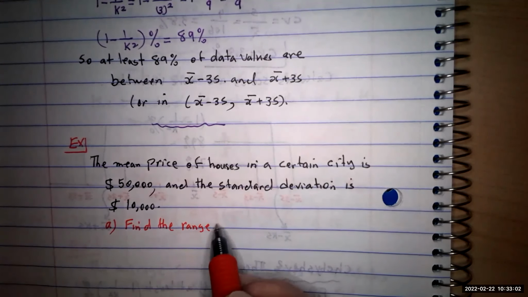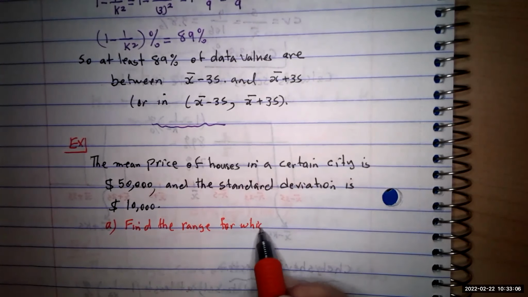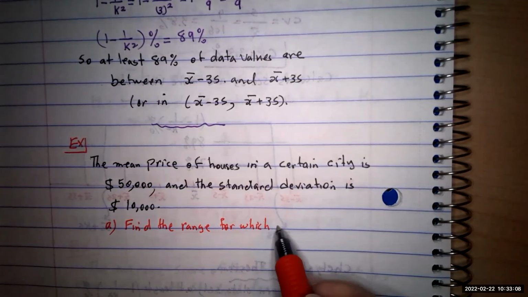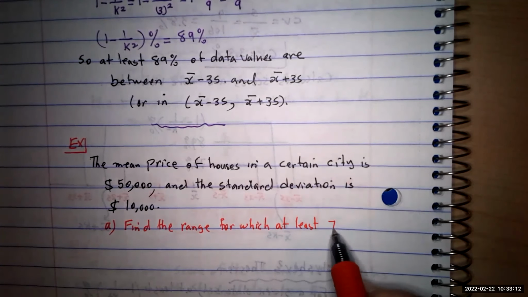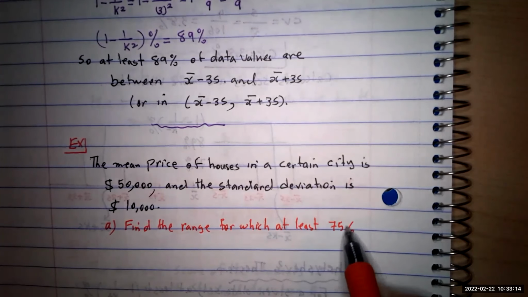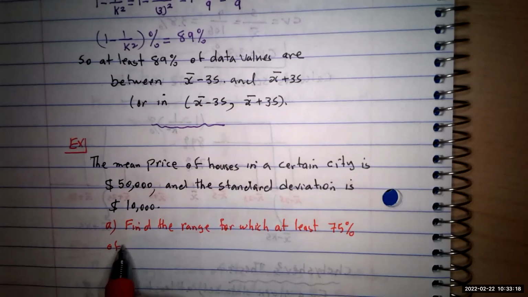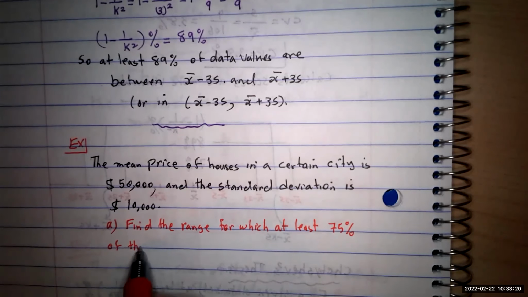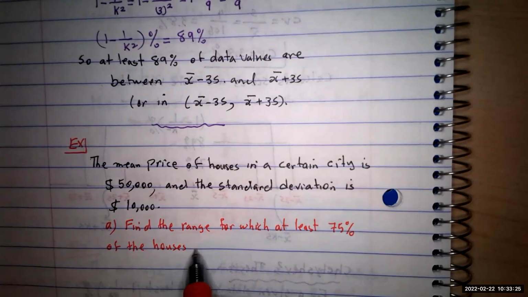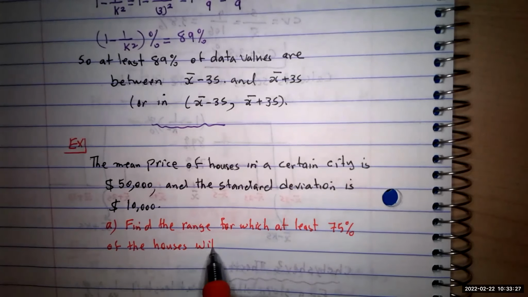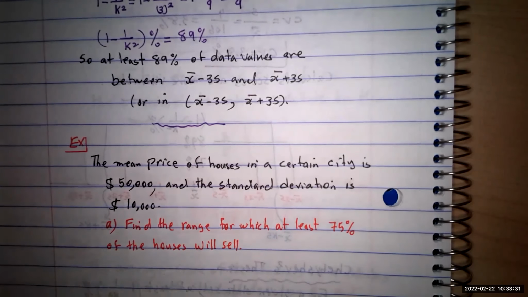Find the range for which at least 75% of those houses will sell. That's going to be the one.